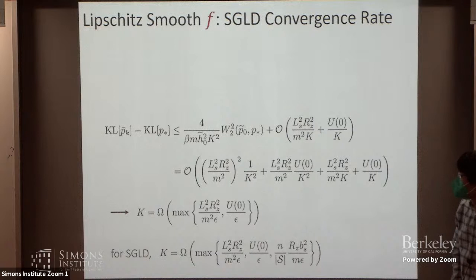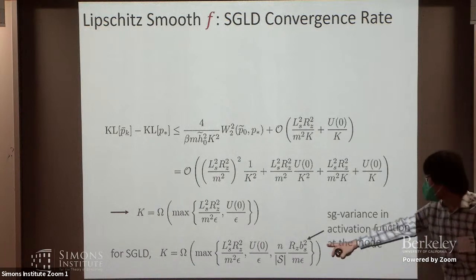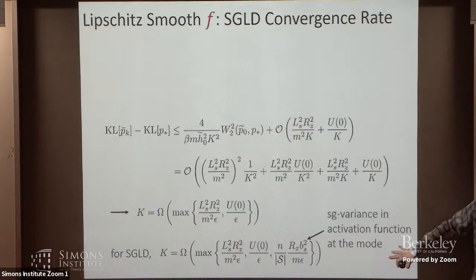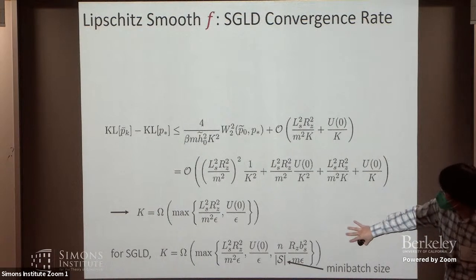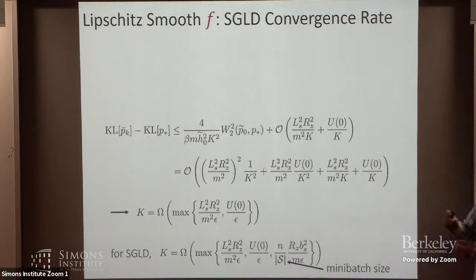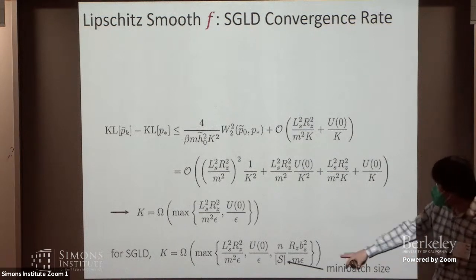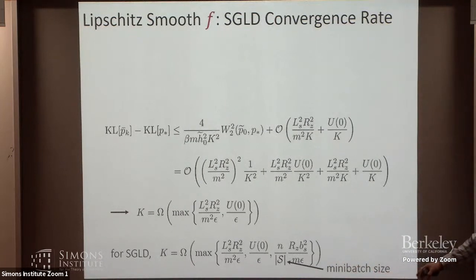We get an additional term, which depends on the stochastic gradient variance in the activation function at the mode, and S is the mini-batch size. If, say, this B squared is not too large, if it scales like the smoothness of this activation function, then we can set the mini-batch size to be n over L squared R squared over M squared, or L R over M, so that we can shave off a condition number dependence.